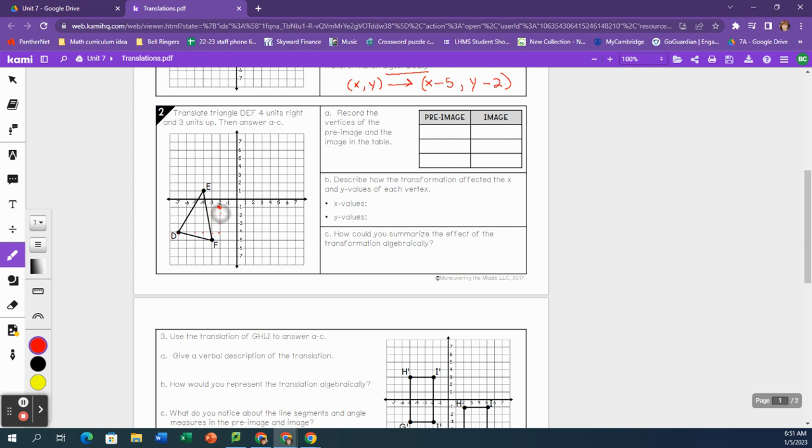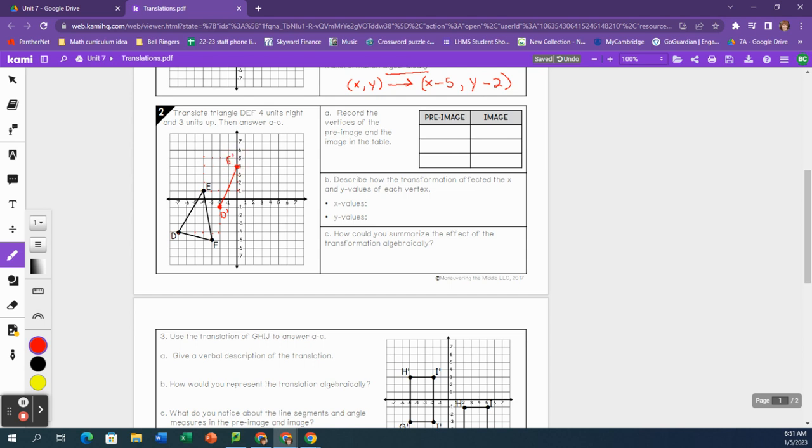Here's my new D. And then we're going to do that with E. 1, 2, 3, 4, and 1, 2. Oh, sorry, went the wrong way first. 1, 2, 3, 4. 1, 2, 3. I was going up first. Okay. So there's that. And there's our E prime.